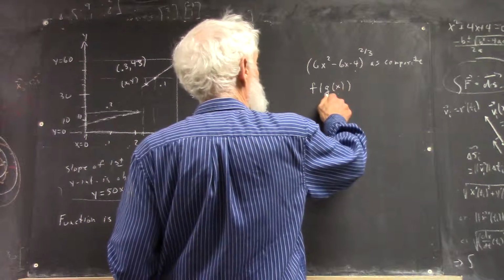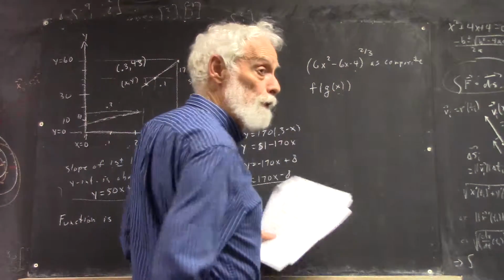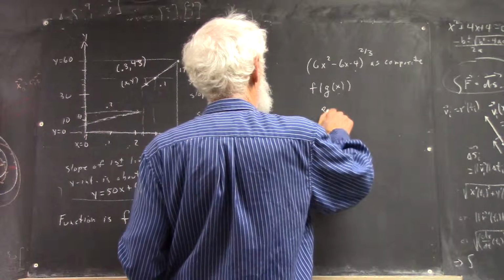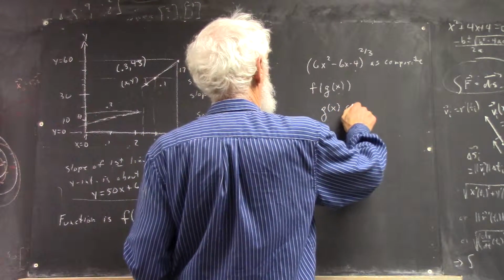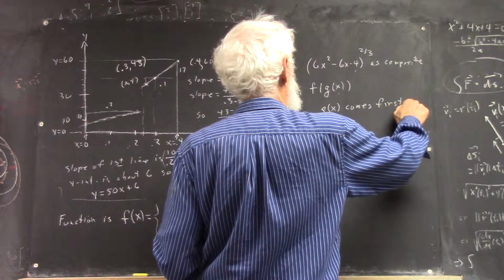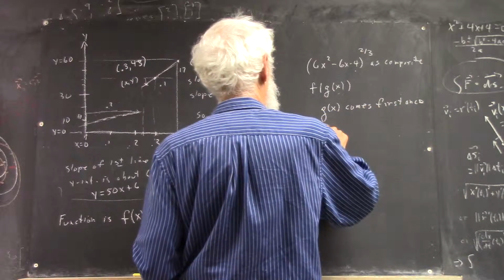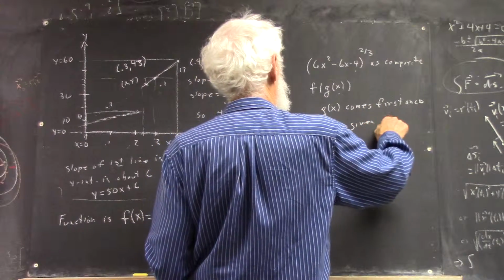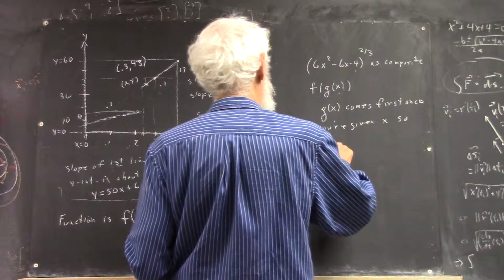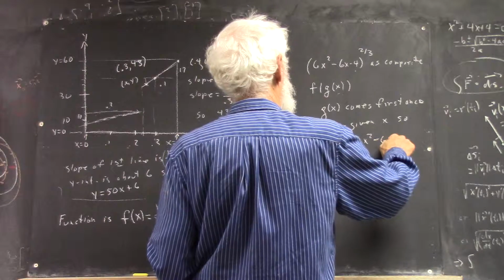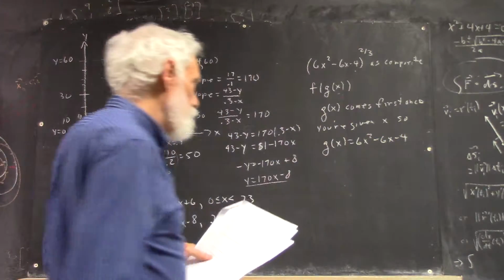So if you know x, g of x is the first thing you do to it, right? So g of x is this, right?